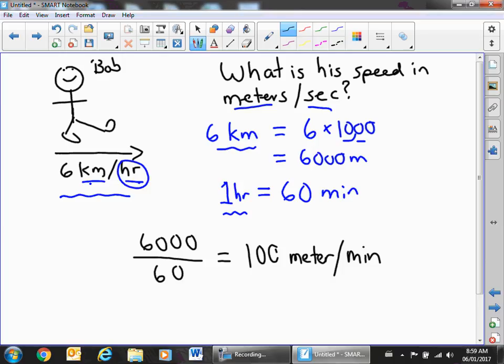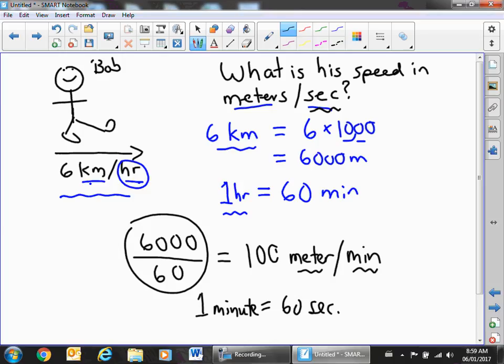Now that we know the rate of distance, 100 meters for every minute, we're still dealing with a different unit of measurement here in minutes. And what we're looking for is seconds. Since we know that 1 minute equals 60 seconds, we're going to do the exact same thing as we did here.